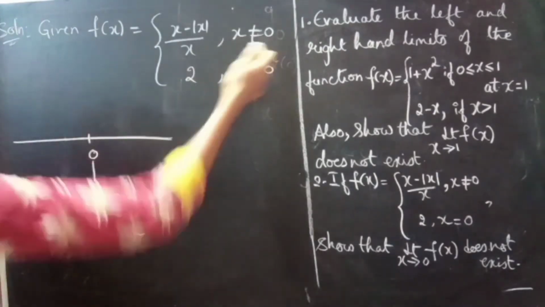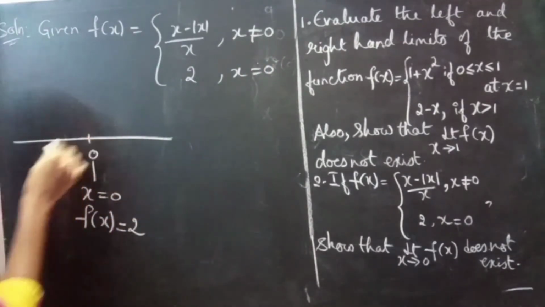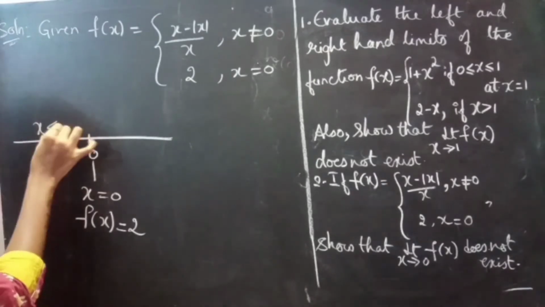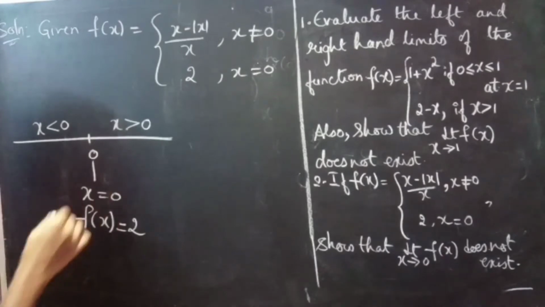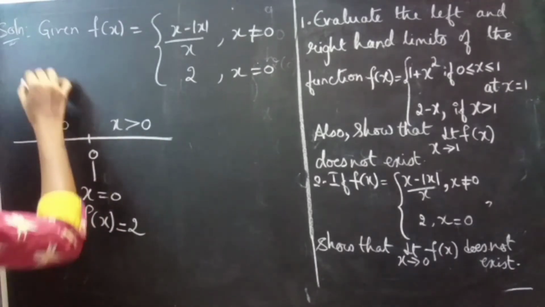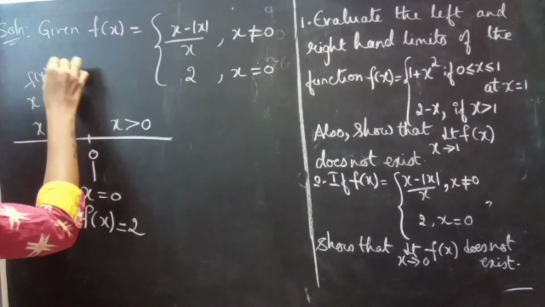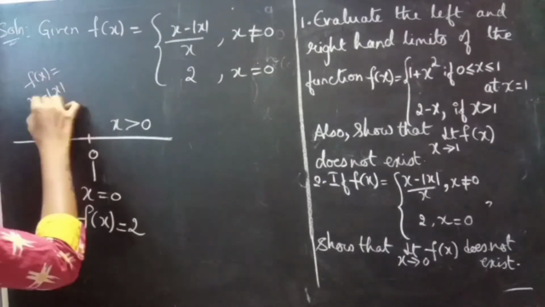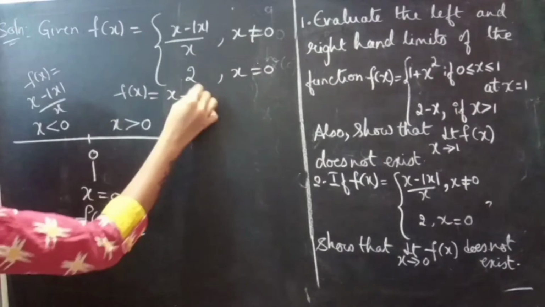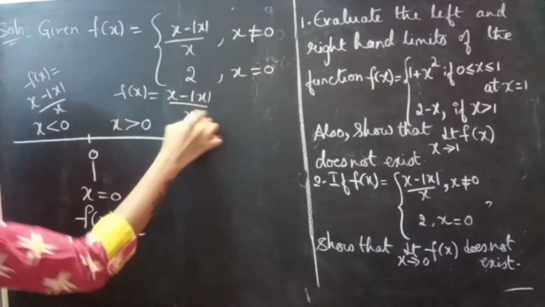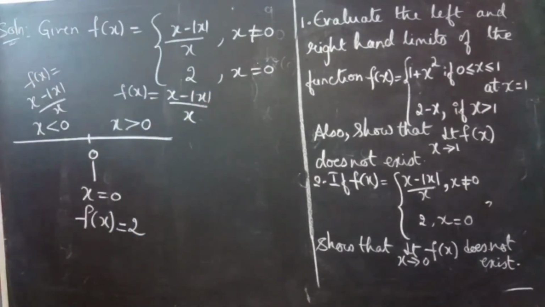When x is not equal to 0, that is when x is less than 0 or when x is greater than 0, we have function f of x equals x minus mod x by x. Okay, good. Now we'll find left hand and right hand limit.